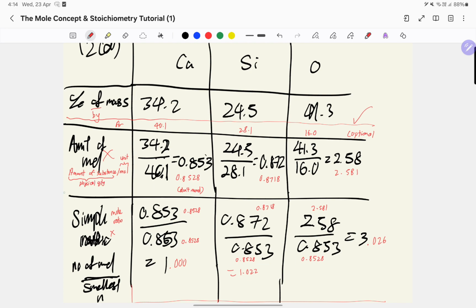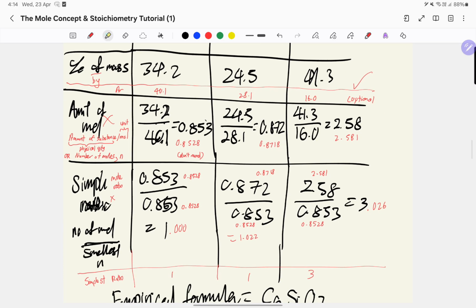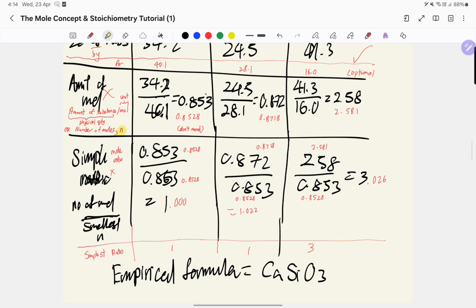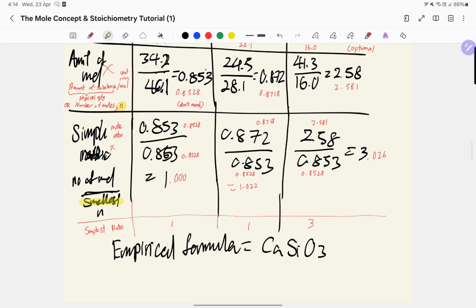If not, you can also write it as number of moles, n. The reason why I say you need to write this n is because for the next part you did mention dividing by the smallest n. So what this n refers to, you need to specify by putting it over here.